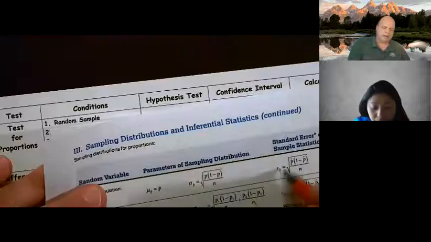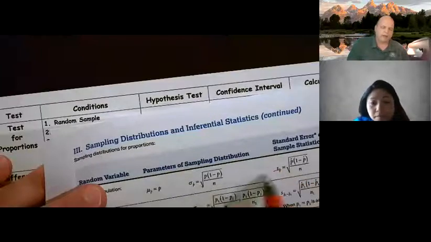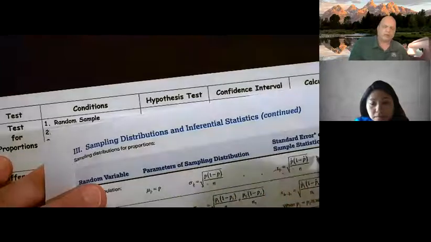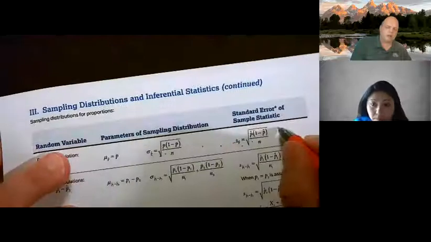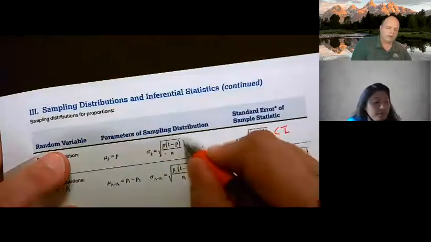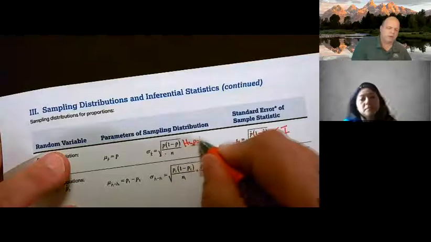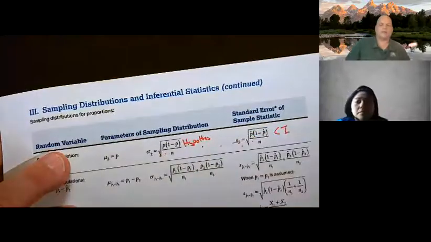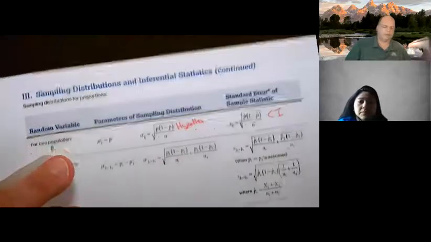Guess what? Here it is. All right, here it is. And you're like, well, what's the difference between the two of these? This one right here is for a confidence interval. This one right here is for a hypothesis test. All right, that's the difference.